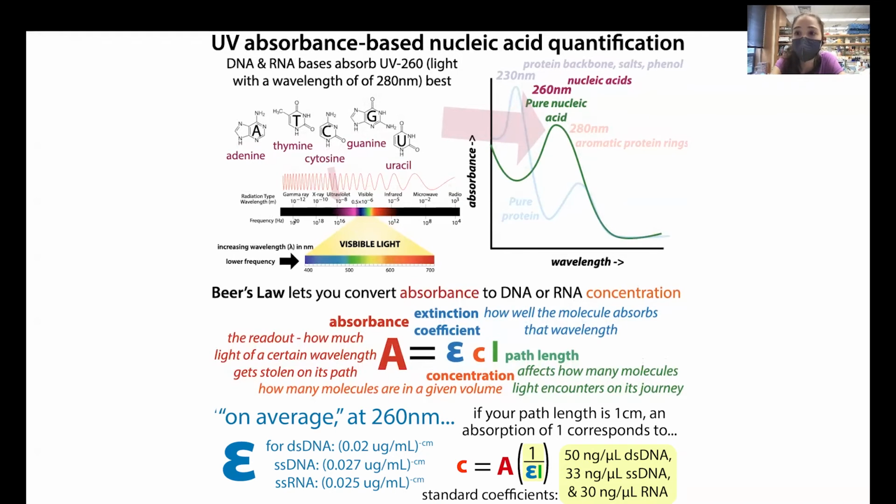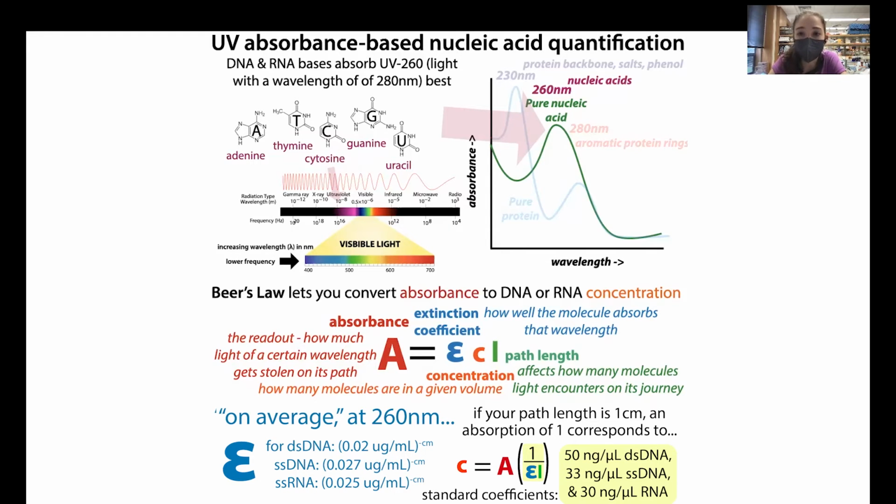The path length, conveniently, is usually 1 centimeter. Even with the NanoDrop, it adjusts it so it's as if it were 1 centimeter. It might show it as 10 millimeters, which is a centimeter. So we can simplify and basically get rid of that L, because we have a standard. But now we have this 1 over the extinction coefficient.